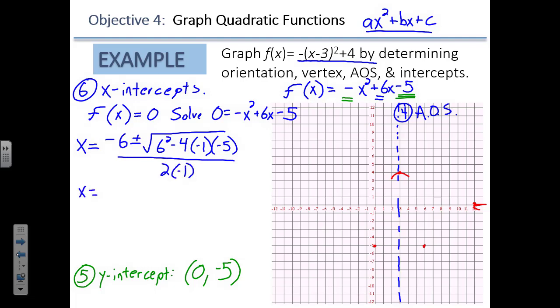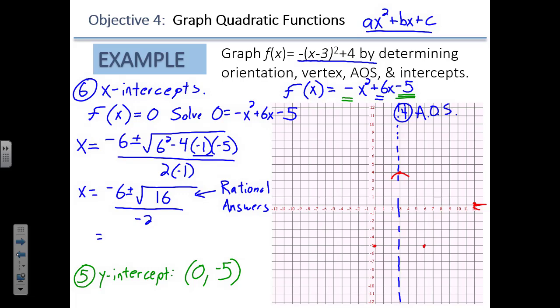So that turns out to be negative 6 plus or minus the square root of 36 minus 20, which is 16. There's a case where our discriminant turns out to be a perfect square, and so we are going to get rational results when we simplify this. That goes back to our last topic. Okay, and that's all divided by negative 2.